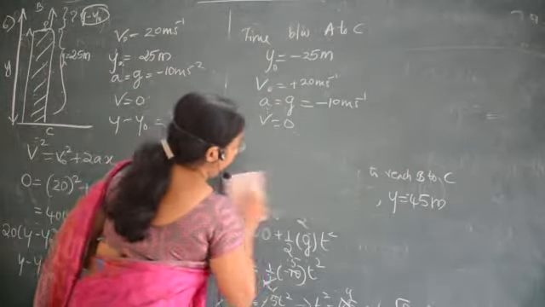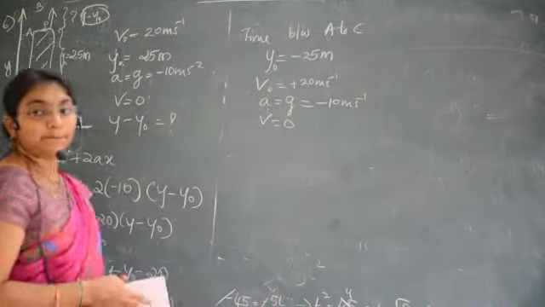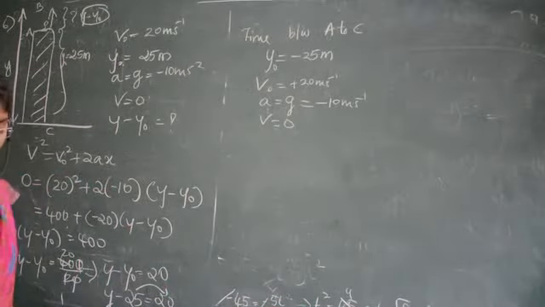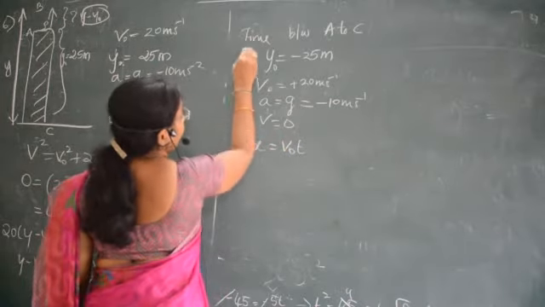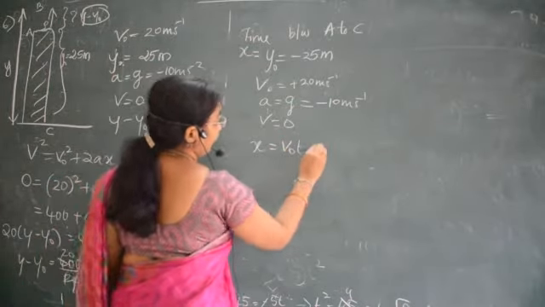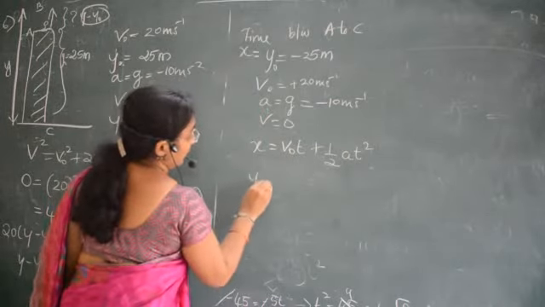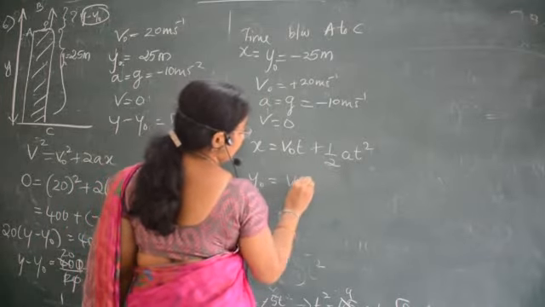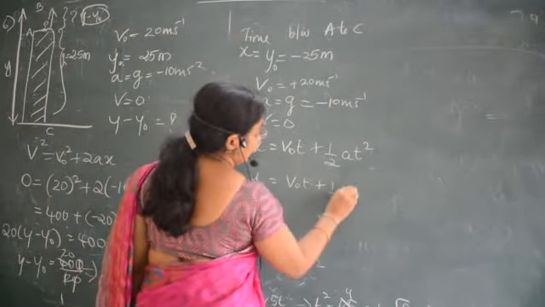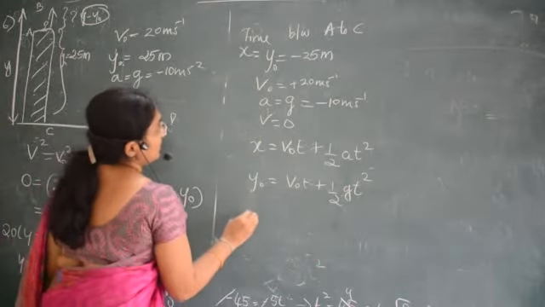So can I use the formula of the displacement? Y naught is equal to V naught t plus half g t square, correct? Y naught is how much?